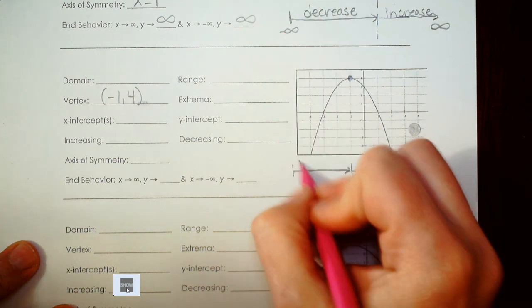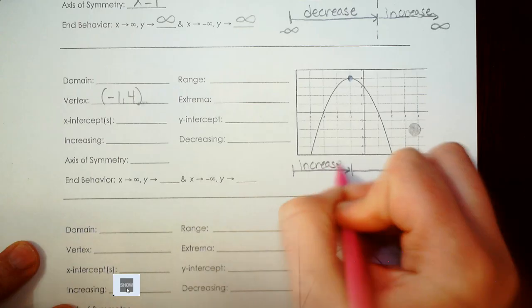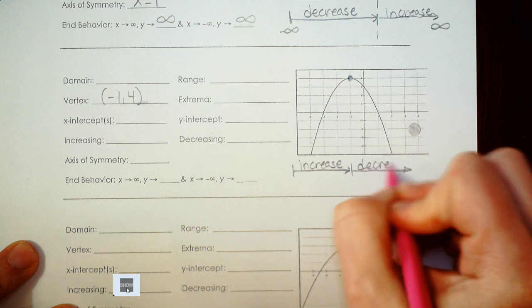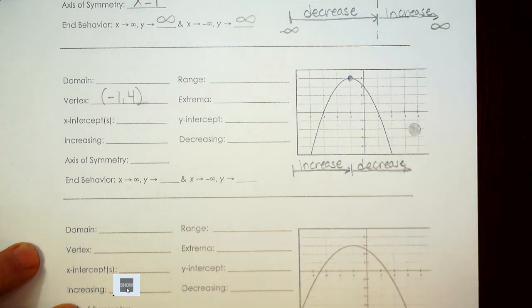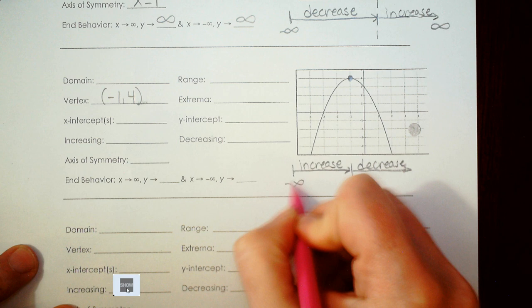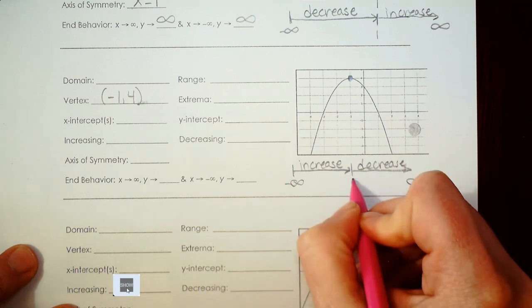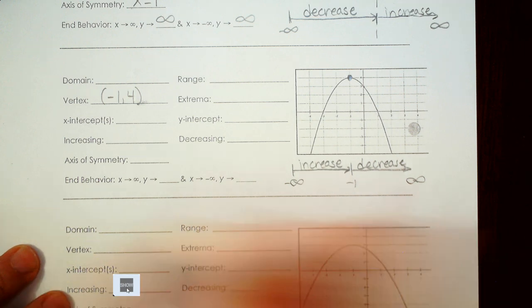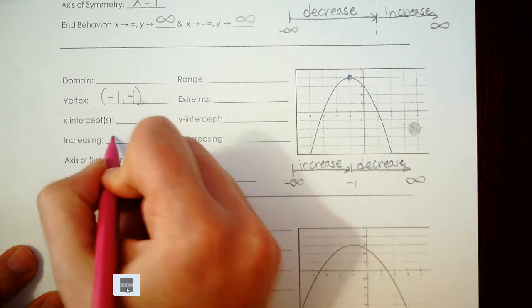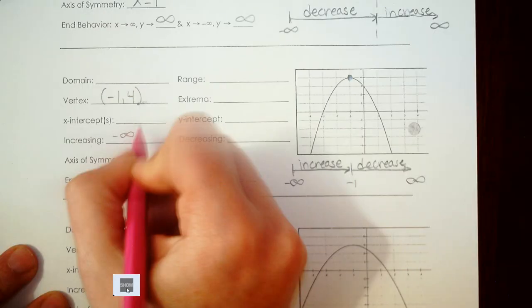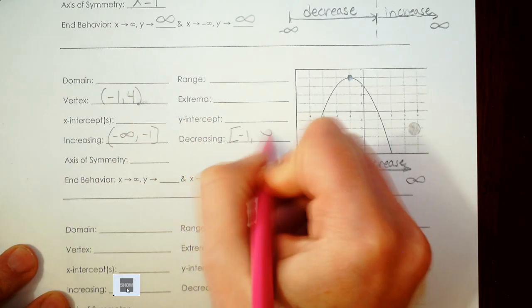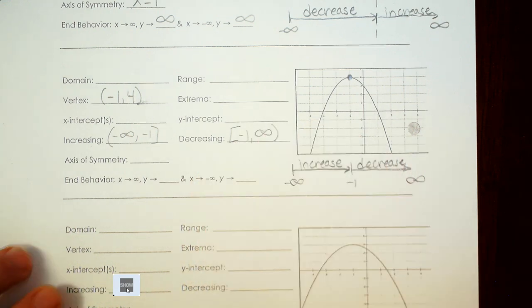So it's increasing on this side, and then after the vertex, it decreases. All right, so the numbers stay the same, negative infinity, positive infinity, and then your vertex changes at -1. Now, when you write it over here, increase is going to be from negative infinity to -1, and decrease is from -1 to positive infinity.